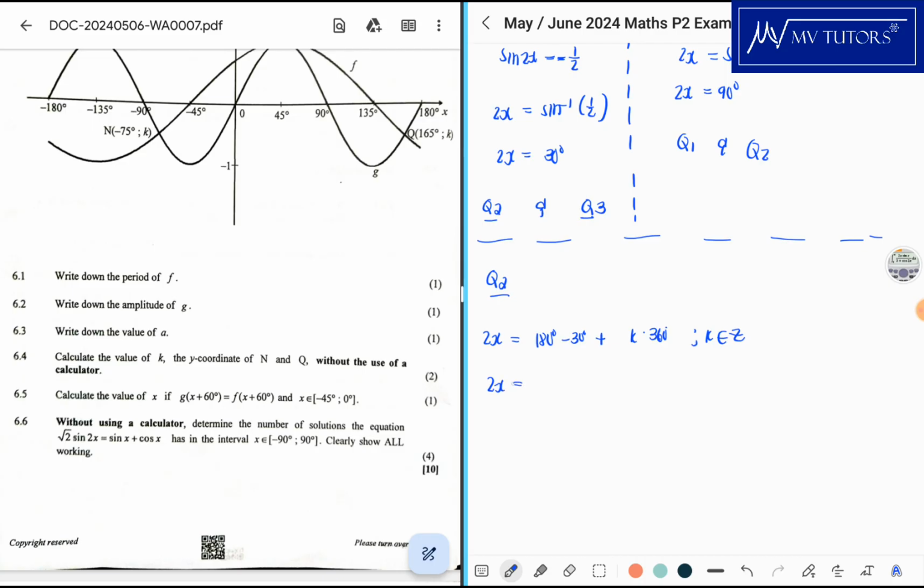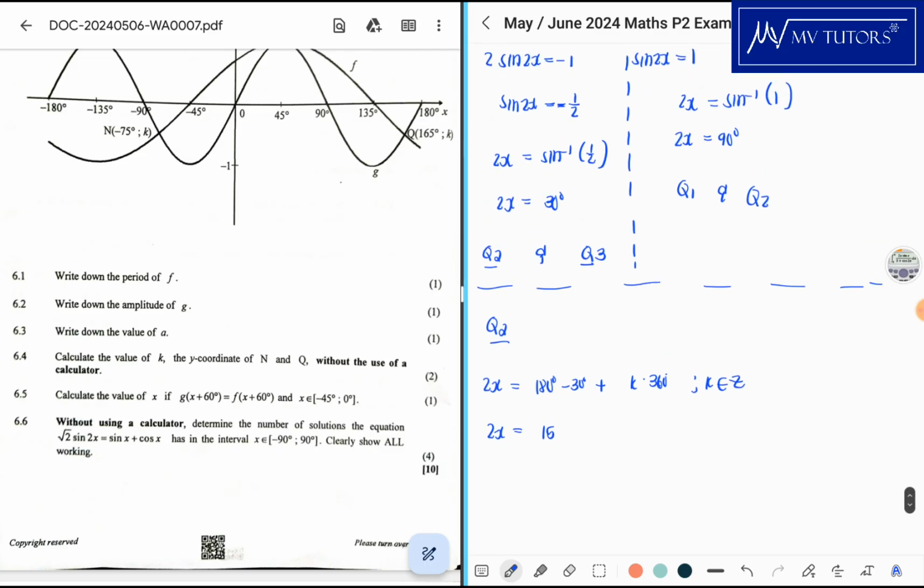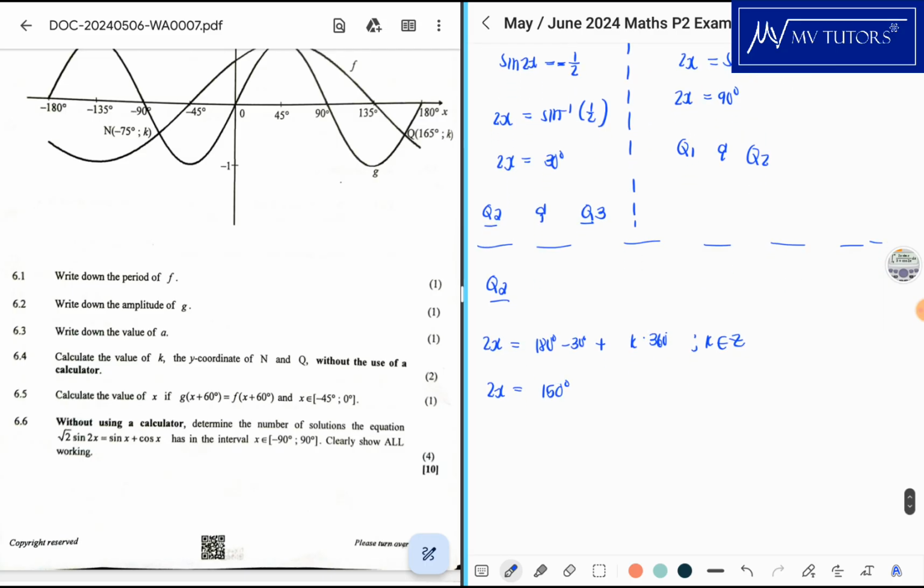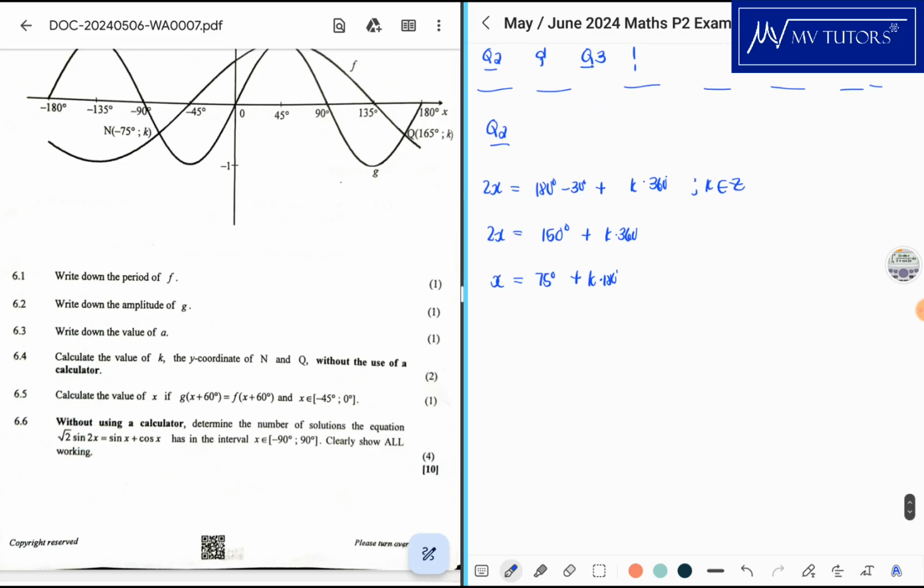So 2x is equal to 150 plus k times 360. And if we divide by 2, we have 75 degrees plus k times 180. Okay, so that's the general solution for quadrant 2.